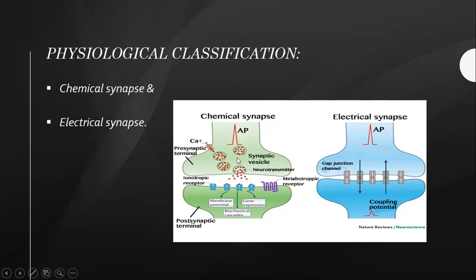And these processes involve chemical processes, whereas in electrical synapse, the action potential, which arrived at the presynaptic terminal, results in opening of gap junctions, thereby exchange of ions and ATP occurs between the post and presynaptic neurons, which results in a coupling potential and thereby getting transmitted to the next neuron.